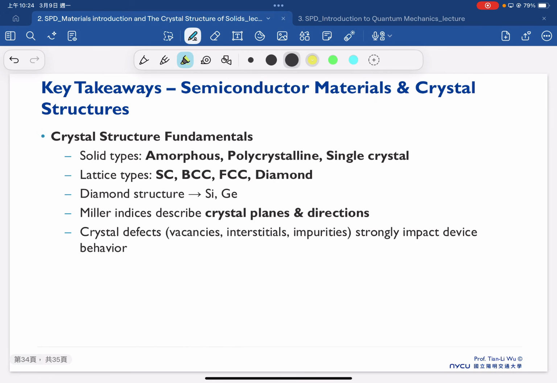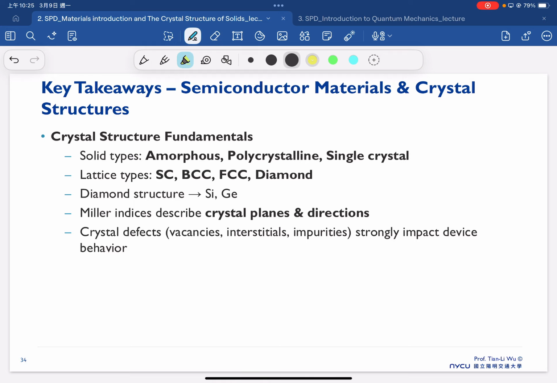And when we talk about crystal structure fundamentals, we talked about several different solids: amorphous, polycrystalline, and single crystalline. We talked about simple cubic, BCC, FCC, and diamond.